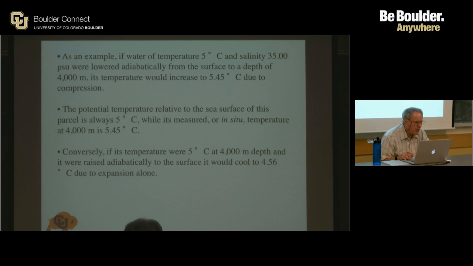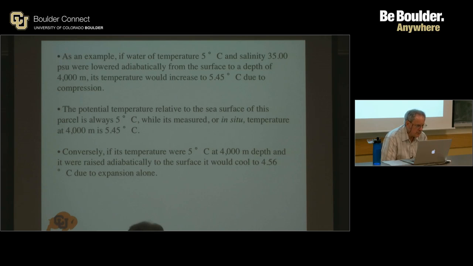If you had that and you lowered it adiabatically from the surface to a depth of 4,000 meters, the temperature would increase to 5.45 degrees C, strictly due to compression.